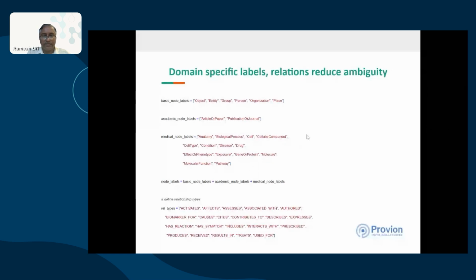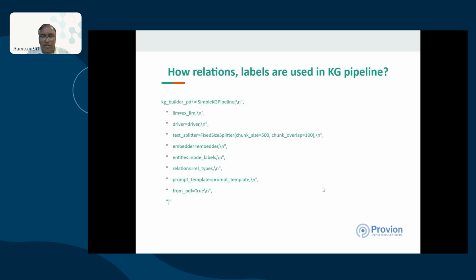By doing this, it will reduce ambiguity in the queries and the results generated from the Cypher database. Also in the knowledge graph pipeline, we embed the relationships, as well as the node labels, as well as the embedding vector. This is how it is done.